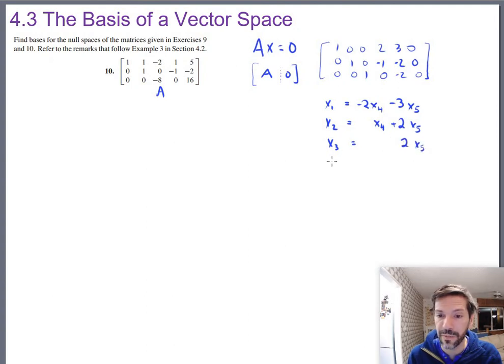We've got 2 free variables, so x4 equals x4 and x5 equals x5. And now I'm going to describe these in terms of vectors.